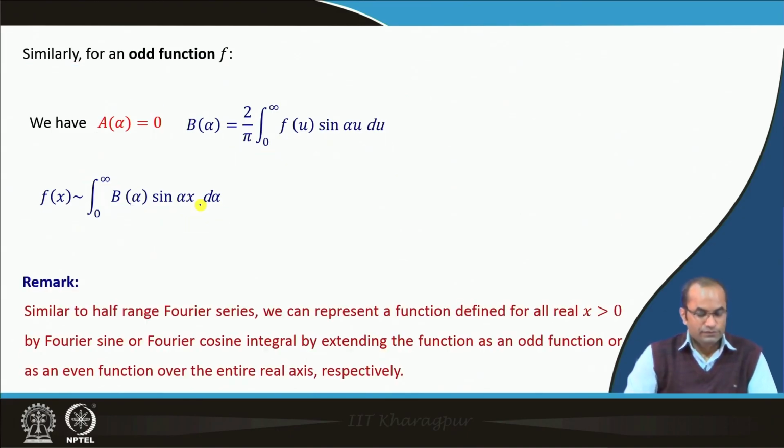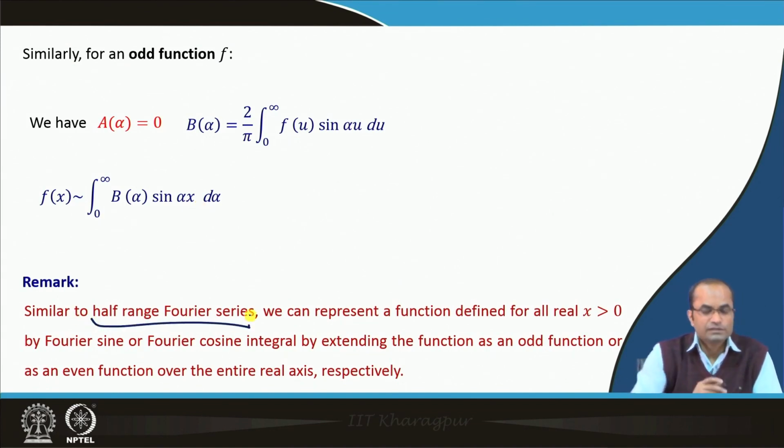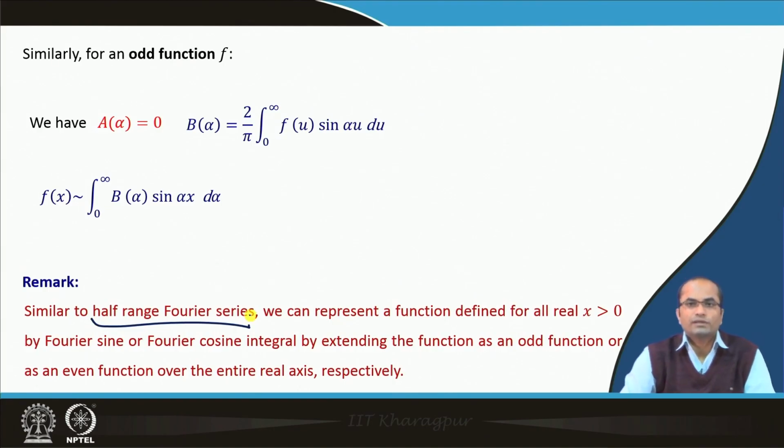Just a remark here, which is very important for the discussion now, similar to the half range Fourier series. If you recall the half range Fourier series, the idea was that we were extending the function which is defined in the 0 to L interval, and the way we extend the function to minus L to 0, the corresponding sine series or cosine series will appear.